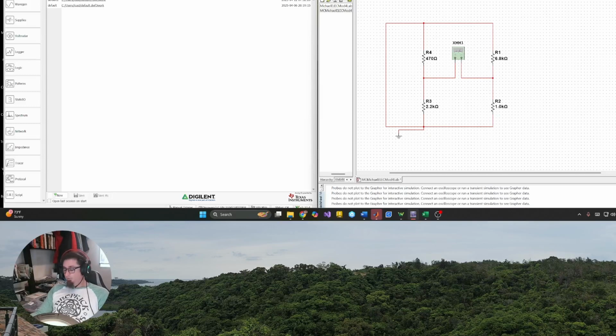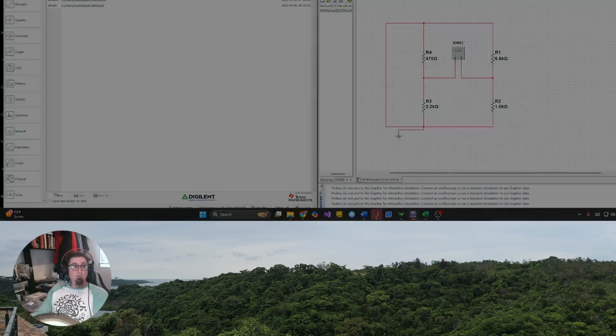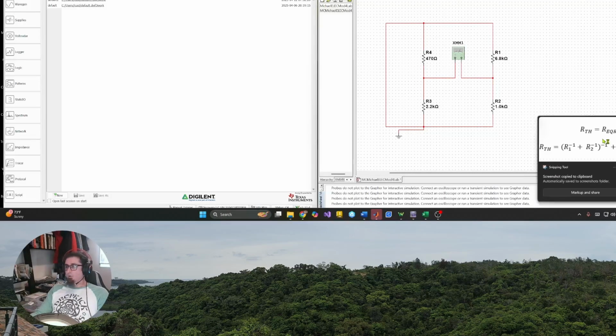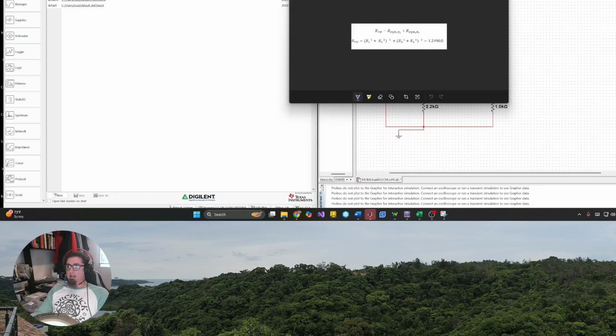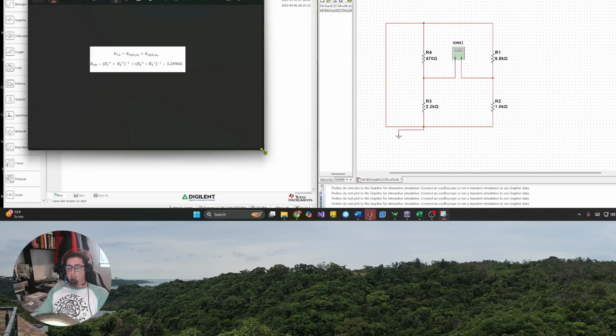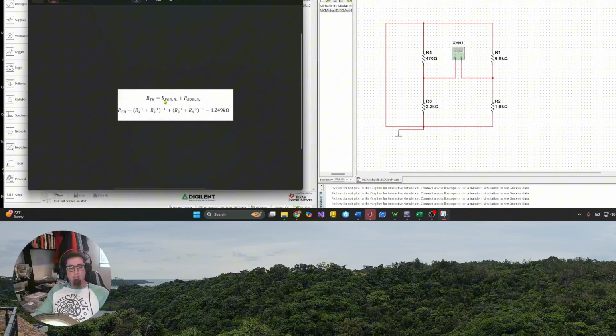Now Thevenin resistance for this circumstance would be the resistive equivalence of R1 and R2 added to the resistive equivalence of R3 and R4, which the math of that looks something like this right here.